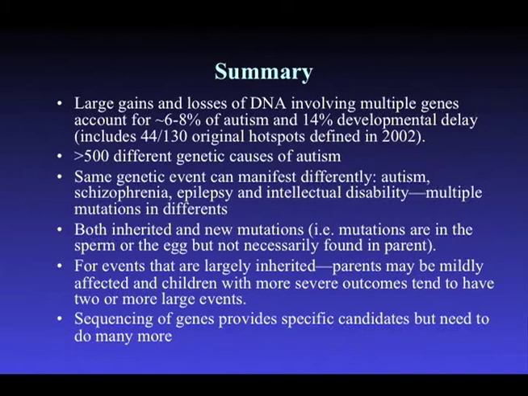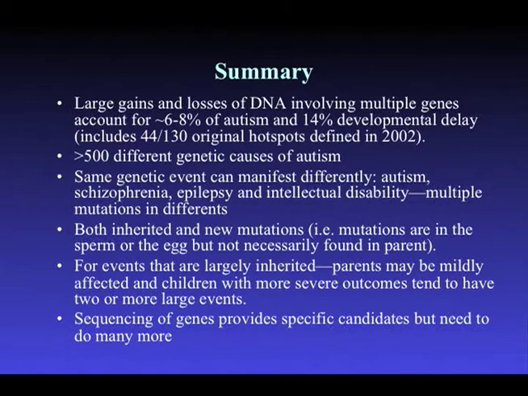Keep in mind that the same genetic event, at least as measured by CNVs, can manifest very differently. Keep in mind the 15q11 or 15q13.3 microdeletion, which is 1% of idiopathic generalized epilepsy, 0.3% of developmental delay, probably about 0.2% of autism, and 0.2% of schizophrenia.